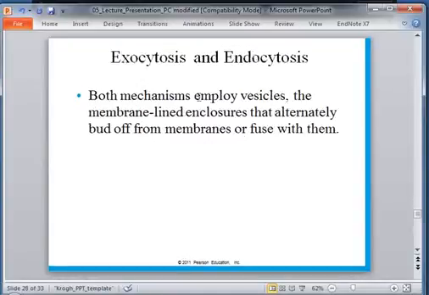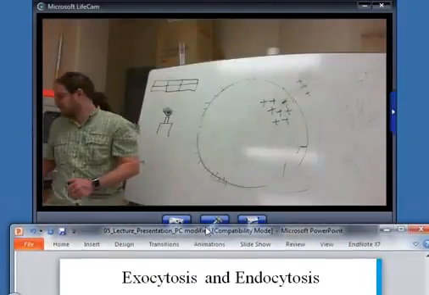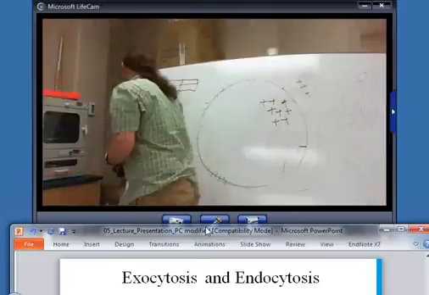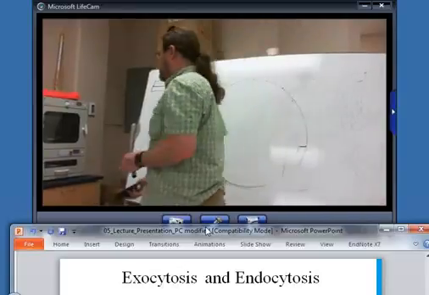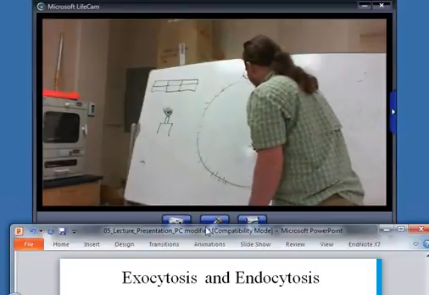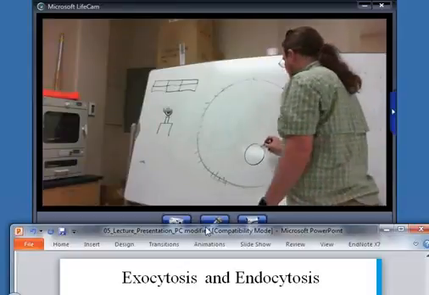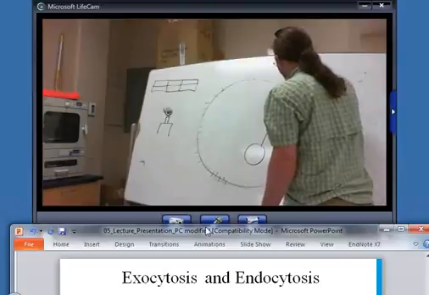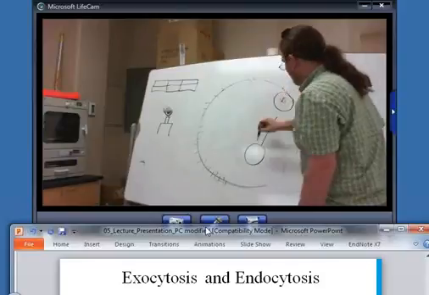Well, when molecules get really big, we have to use processes known as exocytosis and endocytosis. And what goes on with these processes is we're going to use those vesicles that we talked about earlier. And so let's say we had produced something that we wanted to get outside the cell that was really big. We wrap it in a membrane. We then send that membrane, and the outer edge of our vesicle fuses with the inner edge of the cell's membrane. And so we've got our substance in here.